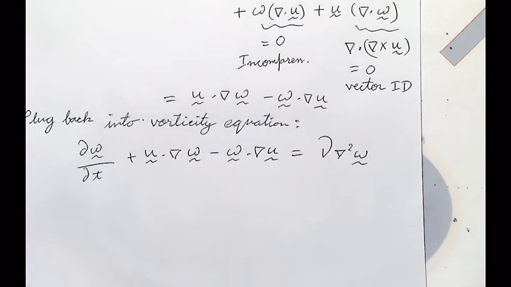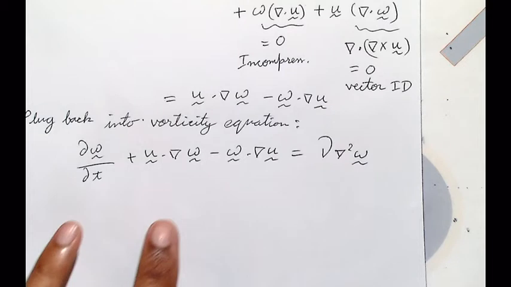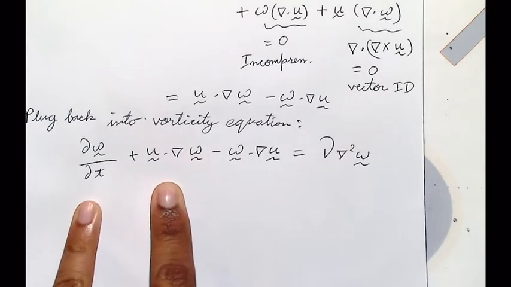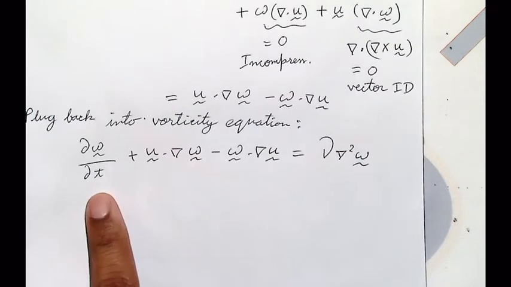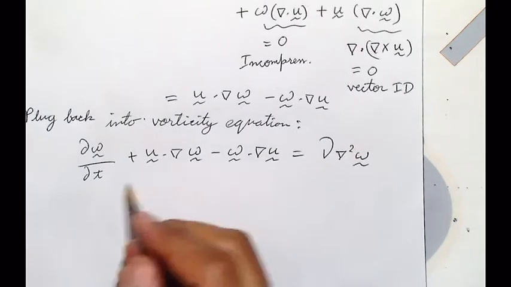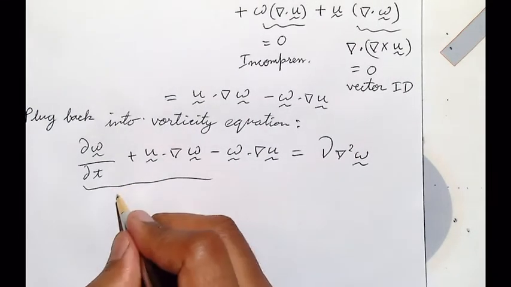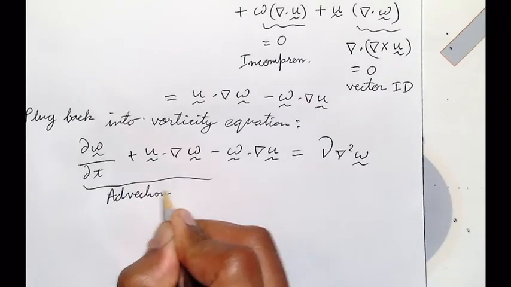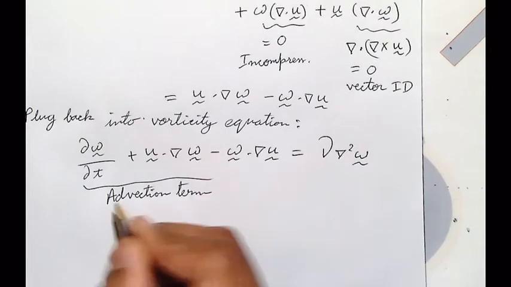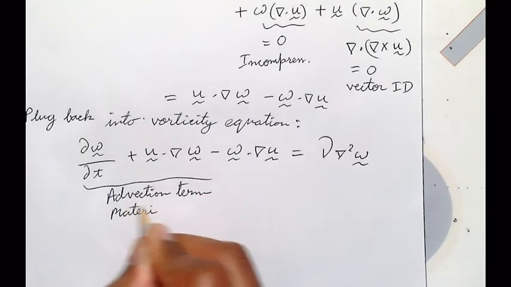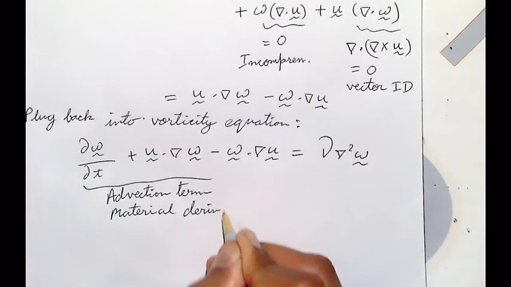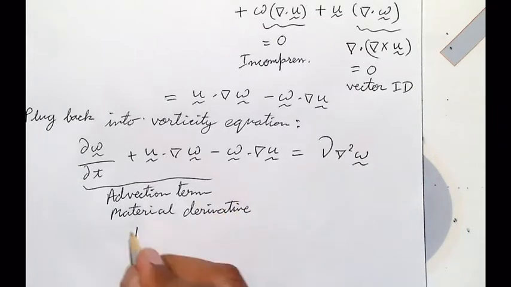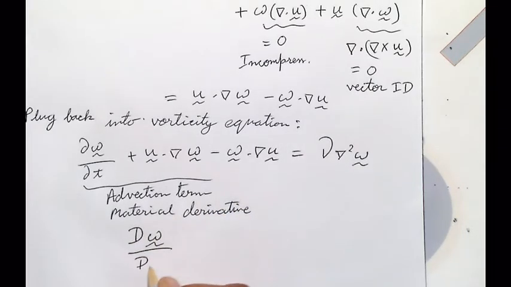Now, does this look more familiar? What are these 2 terms? The advection term, or material derivative, capital D omega over Dt.